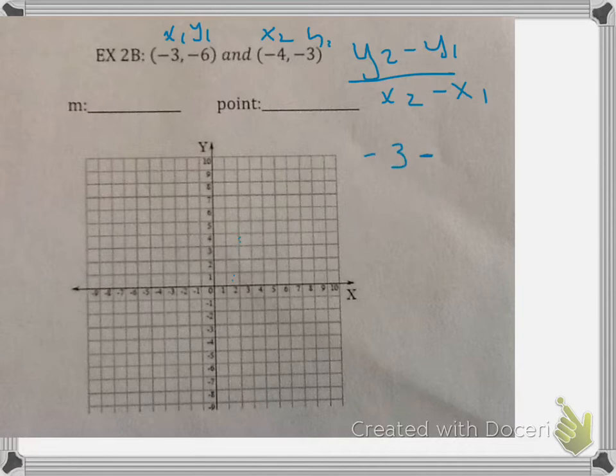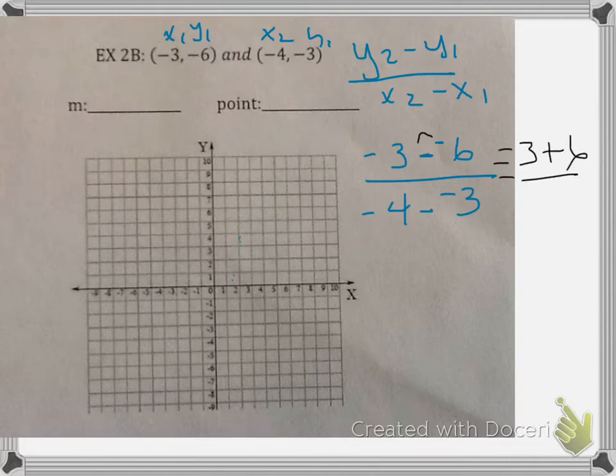Remember, we have a minus between the two. And my y1 is a -6. Alright, the x value is -4 minus a -3. If you notice, I have 2 minuses, so that gives me a plus. So these two give me a plus. So I should write -3 plus 6, -4 plus 3.